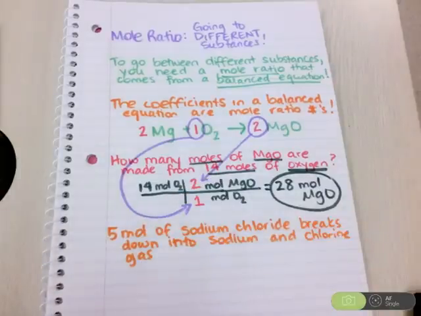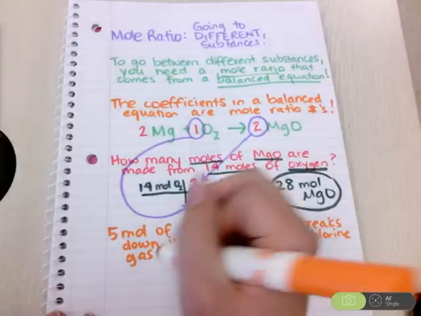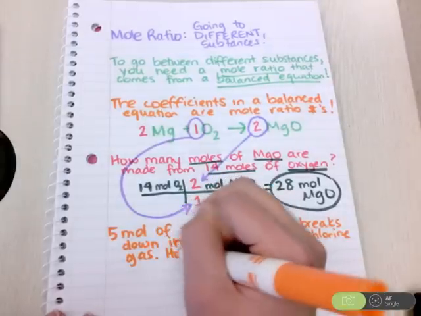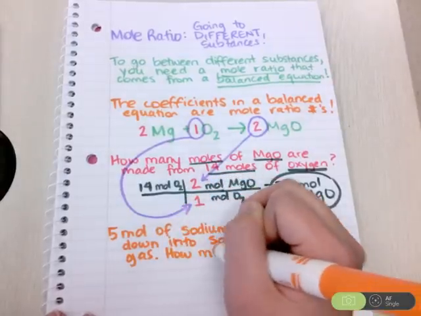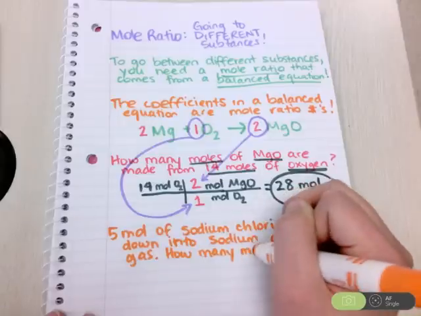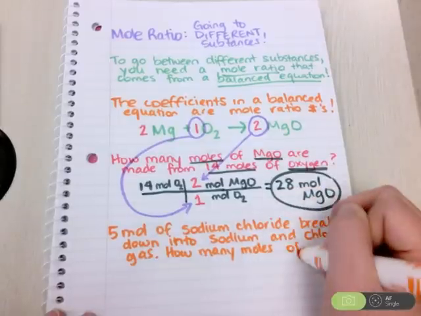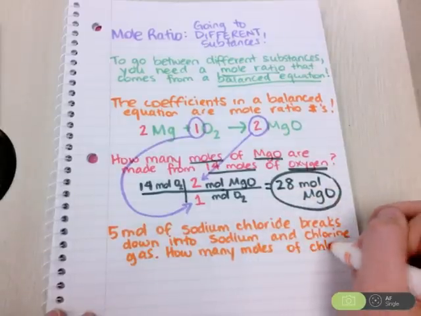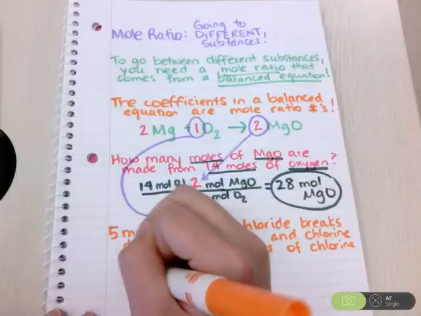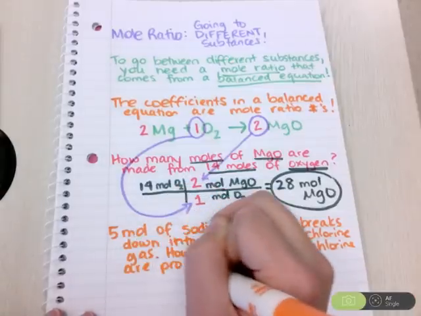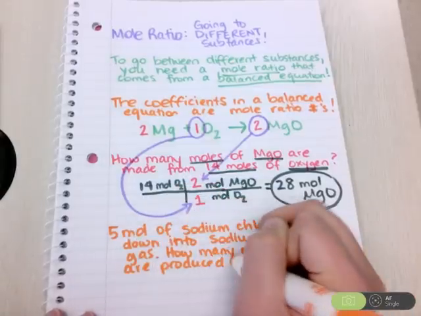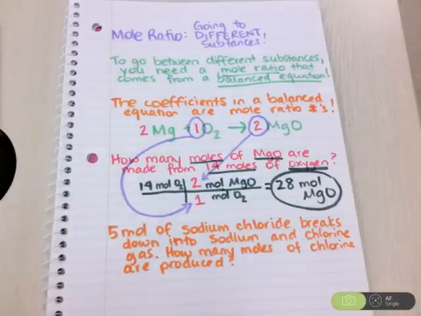Chlorine gas can be deadly if you breathe it, right? So my question is going to be, how many moles of chlorine are produced? Okay?